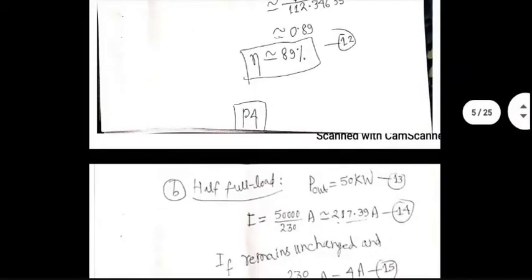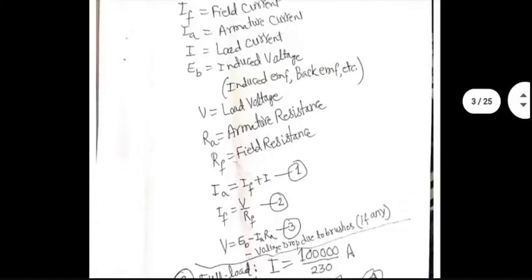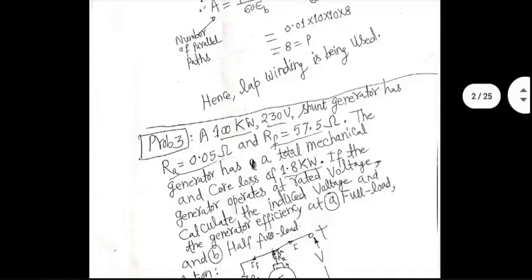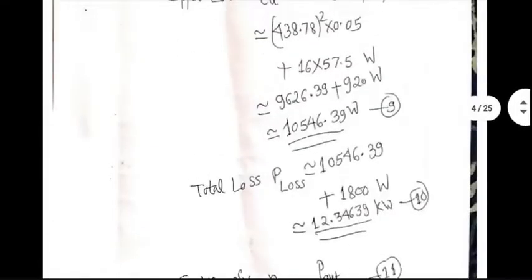That was part A. In part B, output power drops by 50%. It is now 50 kilowatt, but we will assume that operating voltage does not change. So current would now be half of what it was in the previous case.